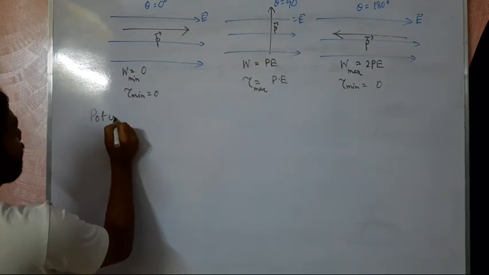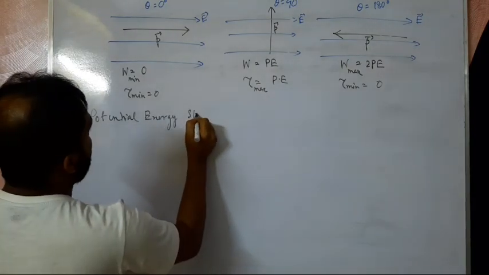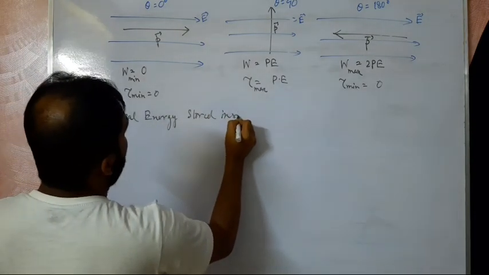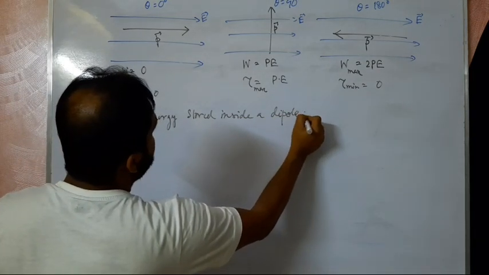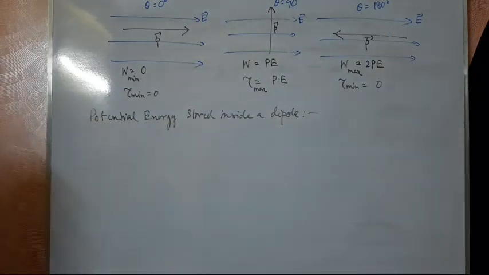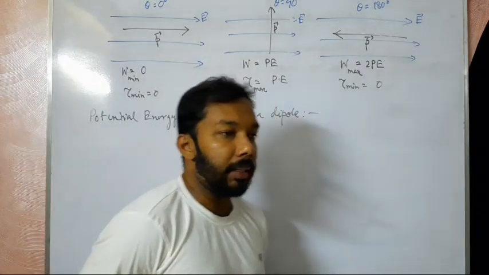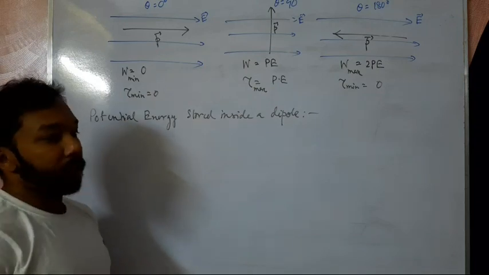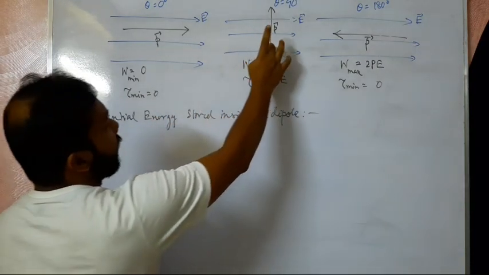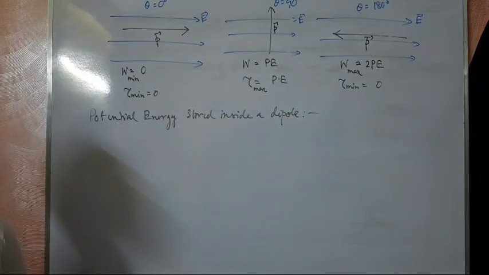Now, from the definition, the potential energy of a dipole is actually the amount of work done that is stored within the dipole when the dipole is rotated from its initial position theta equals 90 degree to any given angle theta.